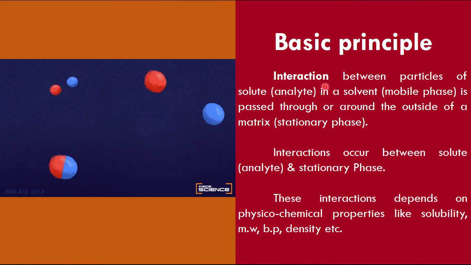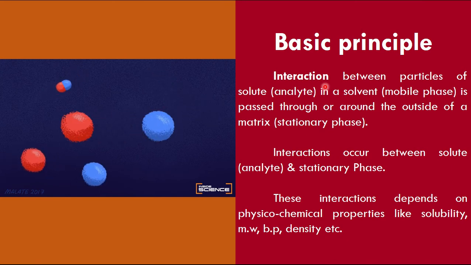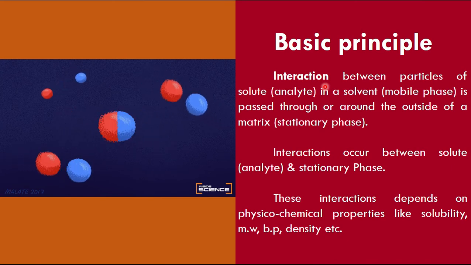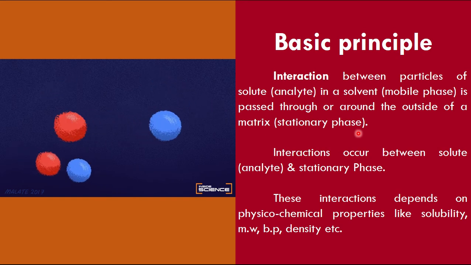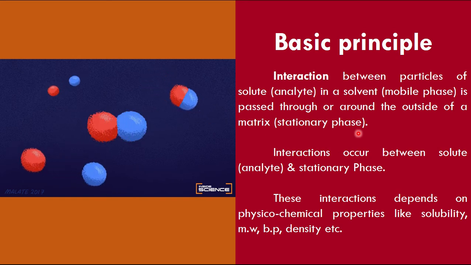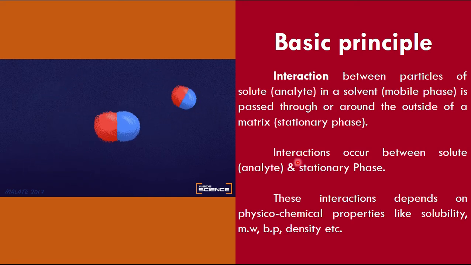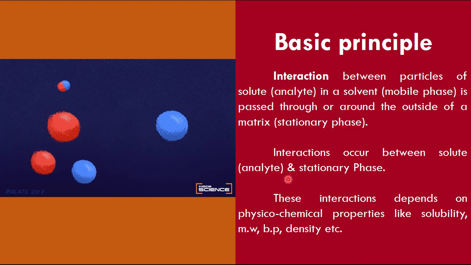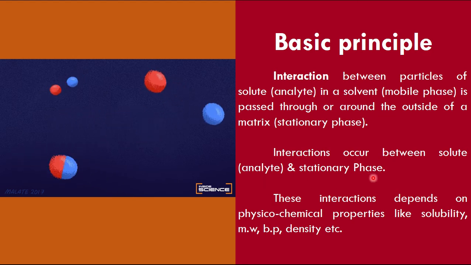Interaction between the particles of solute, that is the sample which we have taken for the separation, and the particles of stationary phase, that is the column through which we are passing the analyte. So the interactions occur between solute molecule, that is analyte, and the stationary phase.